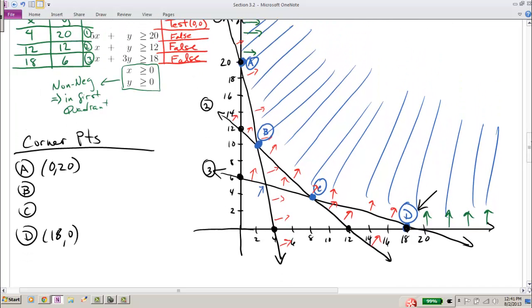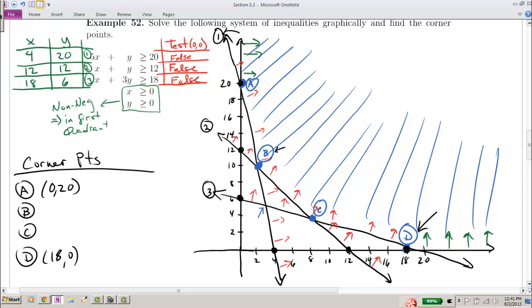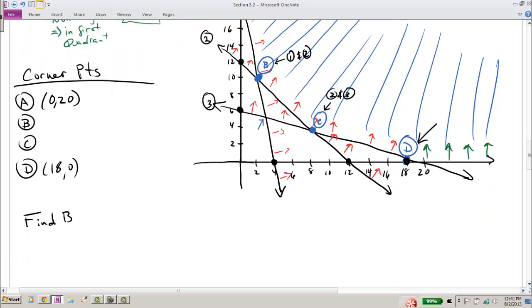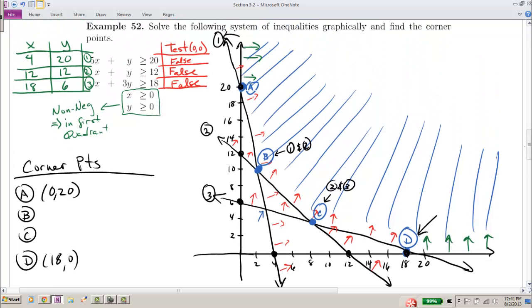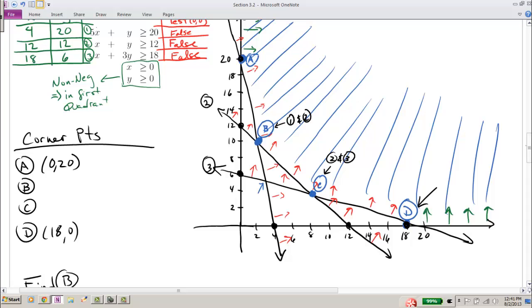By taking a look at our sketch, I can tell that B is the intersection of lines 1 and 2. And C is the intersection of lines 2 and 3. To find the corner point B, we're going to solve the system of equations we get from lines 1 and 2, those first two inequalities turned into equations.